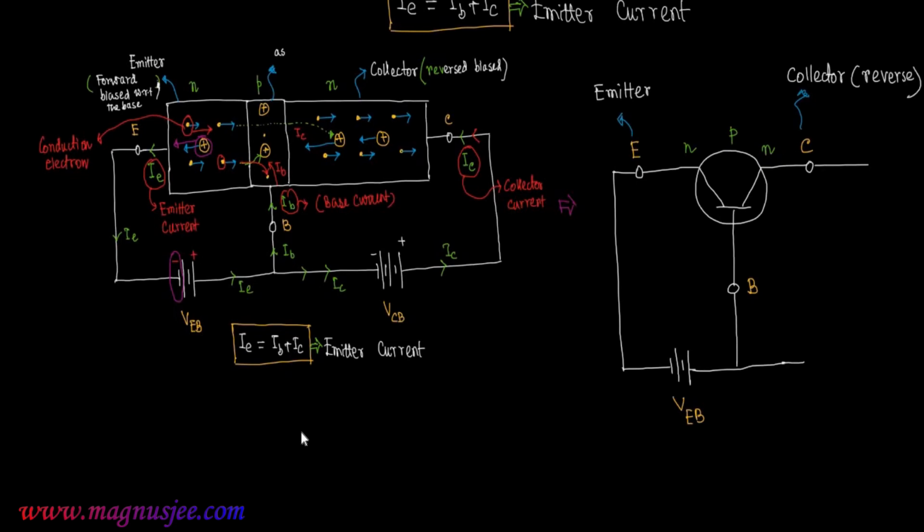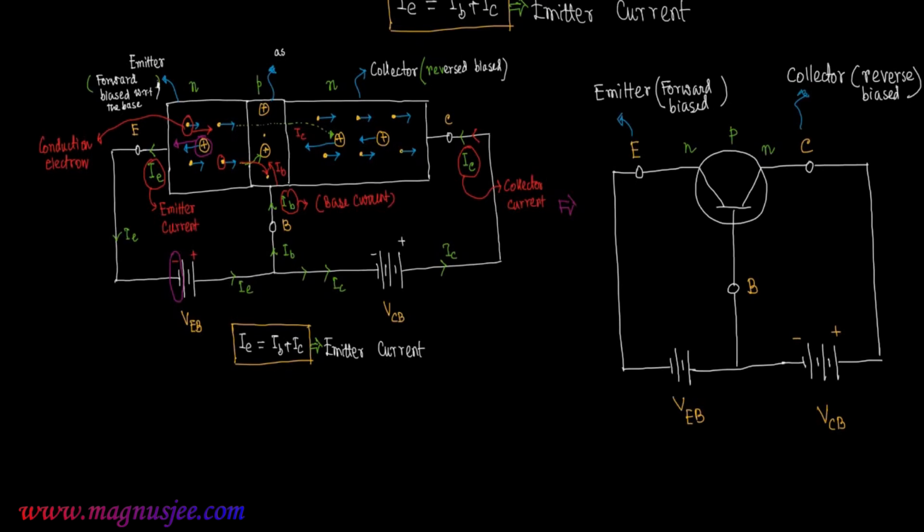Under the bracket of collector, we can write reverse biased, and the emitter is forward biased. As the collector is reverse biased, obviously the N-type collector should be connected to the positive terminal of the external battery. This terminal is positive and this is negative. The EMF of this battery is denoted by VCB.